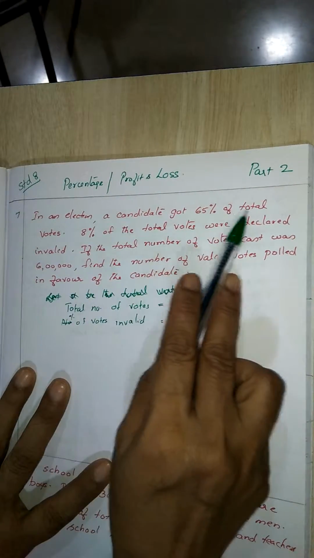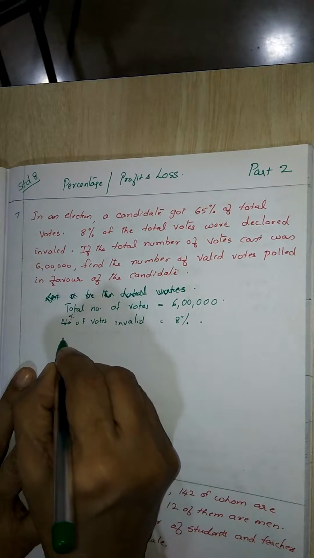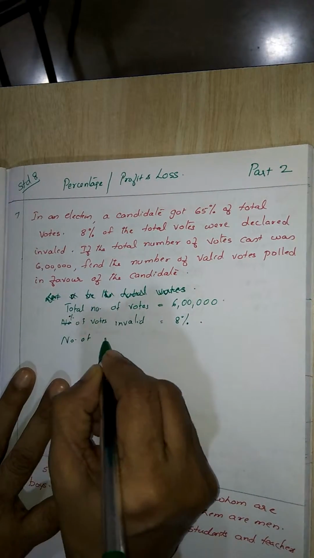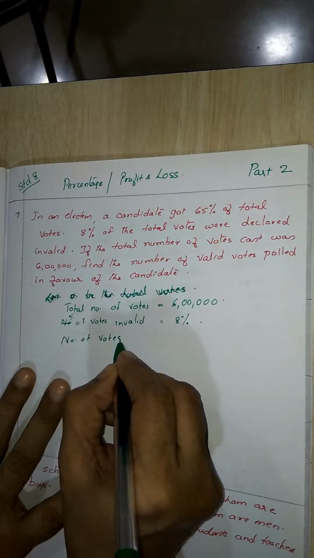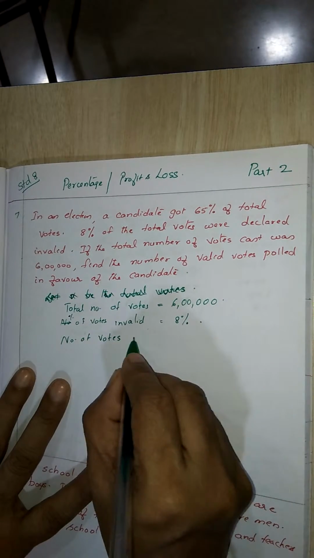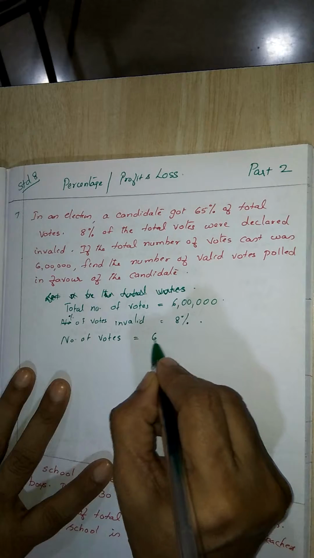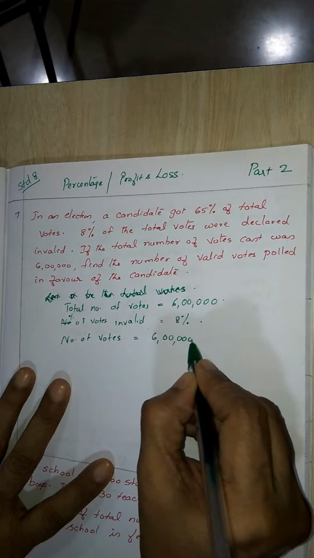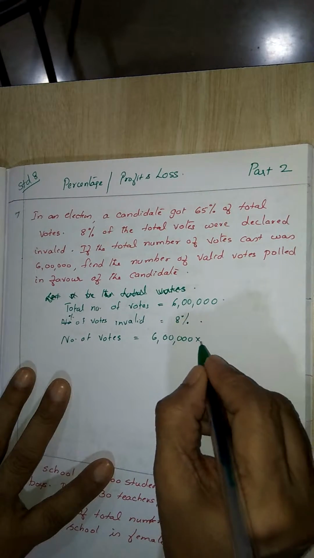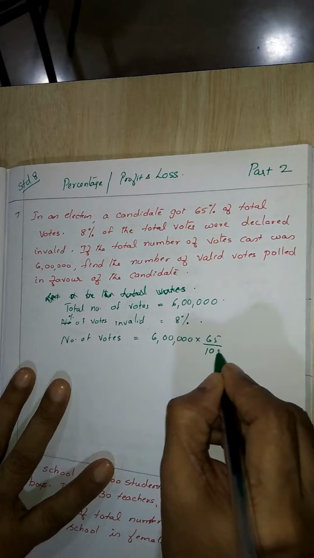Now he got 65% of the total votes. So number of votes is equal to 6 lakh into 65 by 100.